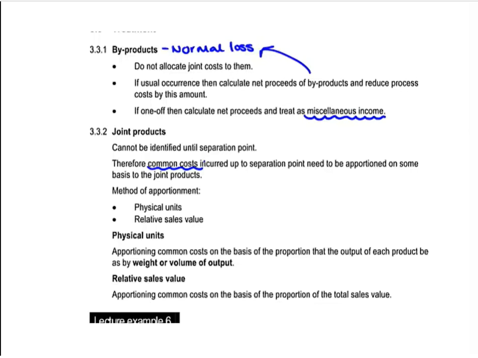So in the case of the petrol and diesel, we could allocate the cost based on the number of litres of output, or we could do it based on a relative sales value. So apportion the common costs on the basis of the proportion of the total sales value. And if the process itself is profitable, it will ensure that all of the products produced by the joint process are profitable.